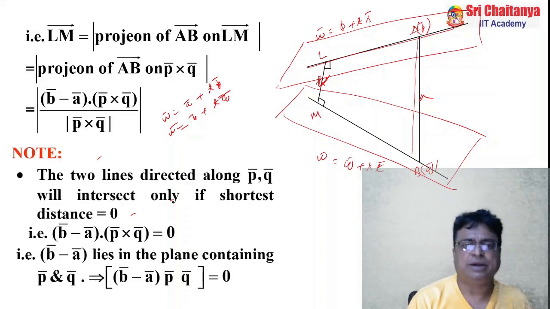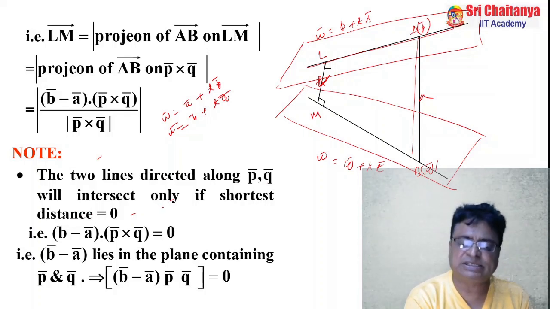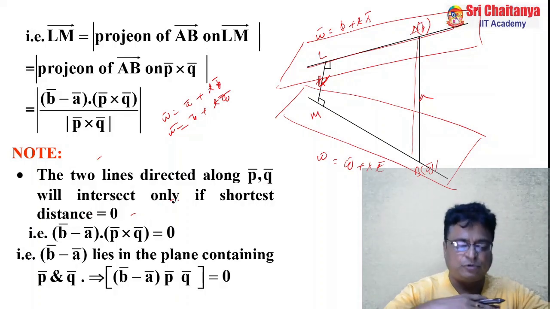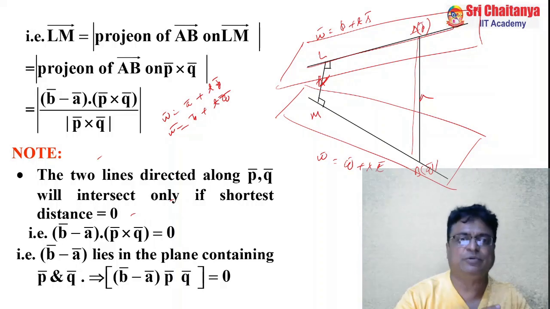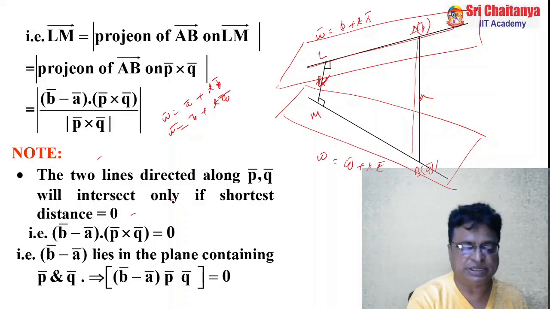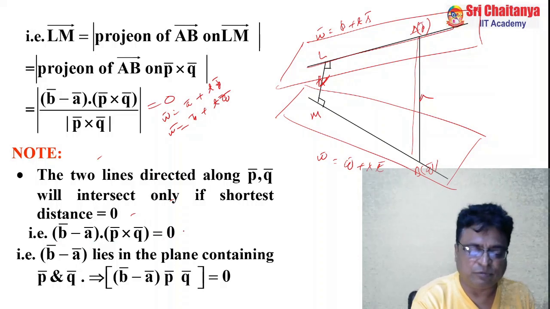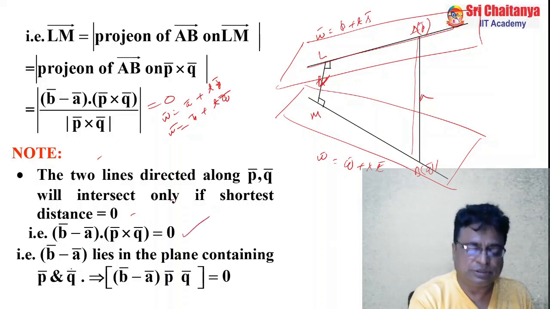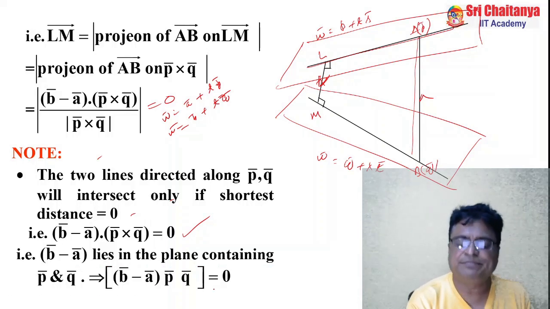Moreover, my friends, the two lines directed by P bar and Q bar will intersect only if the shortest distance between the two lines is 0. Then automatically we can say that the lines intersect each other. That means this is 0 only if the dot product is 0. That means B bar minus A bar lies on the plane containing P bar and Q bar.